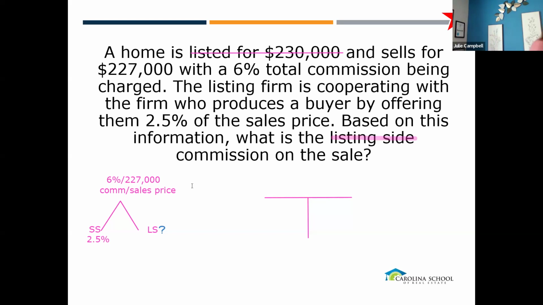So total commission is 6%. I'm giving you 2.5%. What's left for me? 3.5%. So what's the listing side going to collect of the total commission? 3.5%. Questions just on that piece?